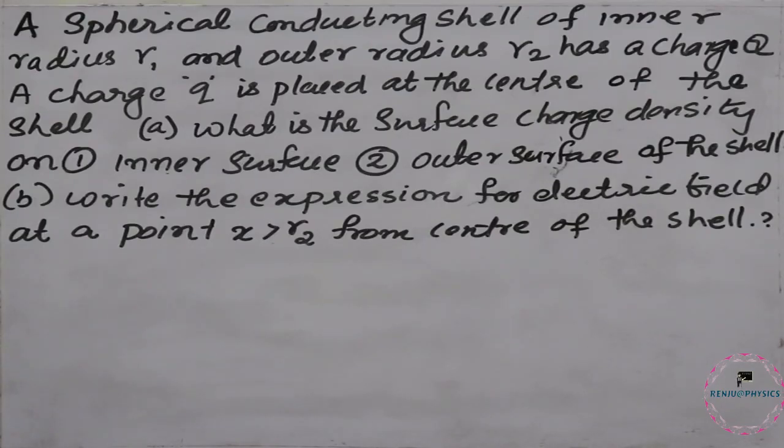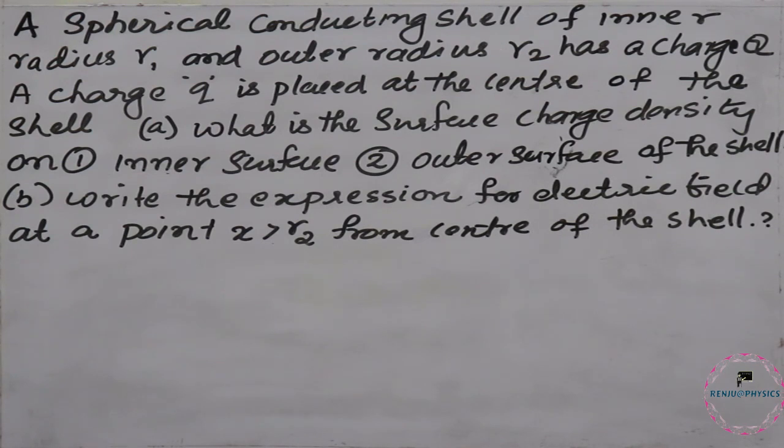Second question. A spherical conducting shell of inner radius R1 and outer radius R2 has a charge capital Q. A charge small q is placed at the center of the shell. There are two questions.